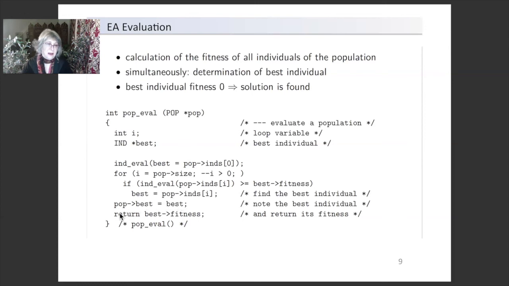And at the end, the function returns the fitness of the best individual. So this is the evaluation of the whole population.